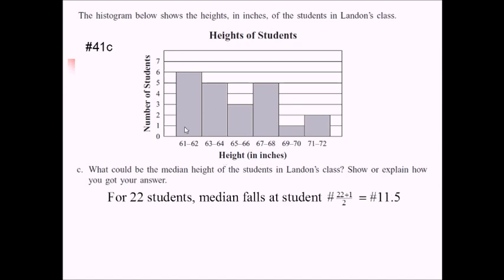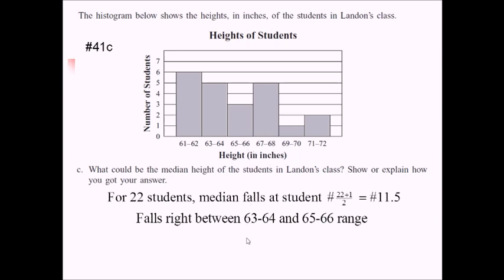Well, here's 6, here's another 5, bringing us up to 11, and our 12th student falls in the 65 to 66 range. So 11.5 falls exactly on the border of 63 to 64 and 65 to 66. So what does that mean? Well, we would average these together, but, again, we don't have exact numbers to average together, so how do we do this?